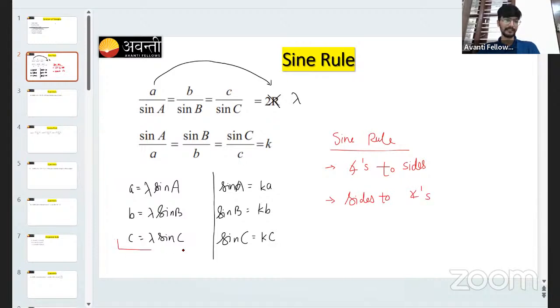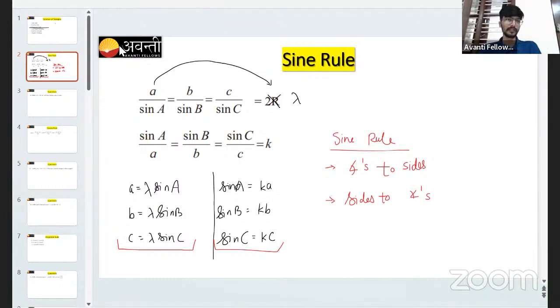By using this, I can convert sides to angles. By using this, I can convert angles to sides. So this is the use of sine rule. Whenever in questions I have to prove something from sides to angles, I can use sine rule.